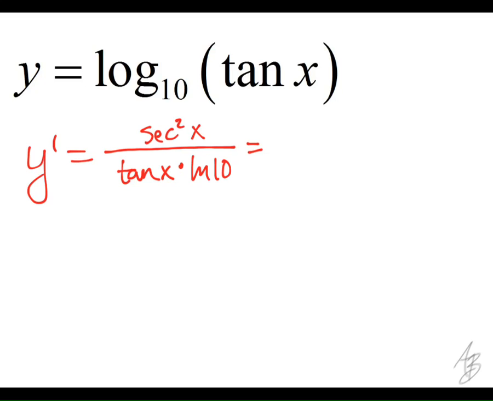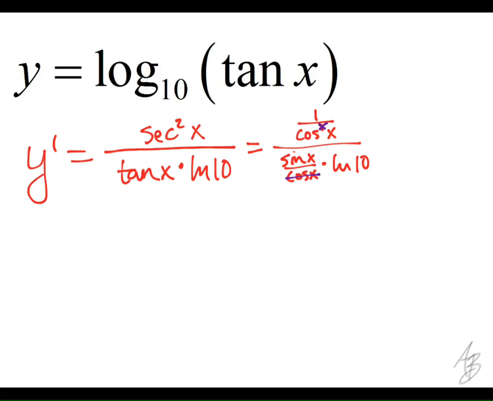Okay, yeah. So we could rewrite this as 1 over cosine squared x all over sine of x over cosine of x times the natural log of 10, and then one of the cosine x's is going to cancel, so that's going to go away, that's going to go away.